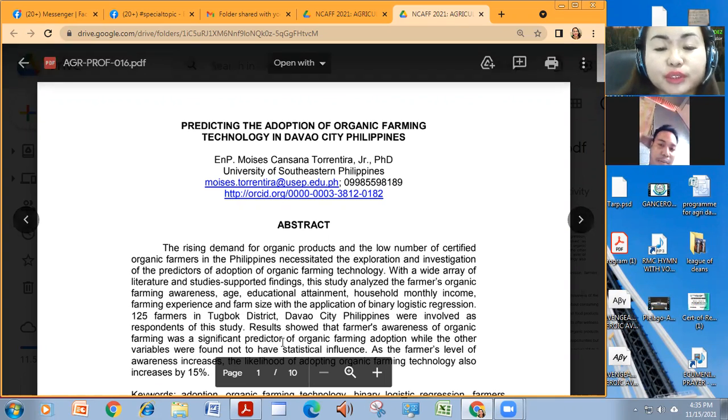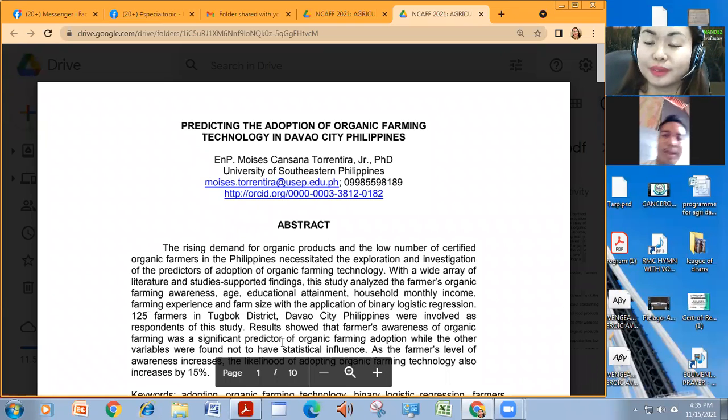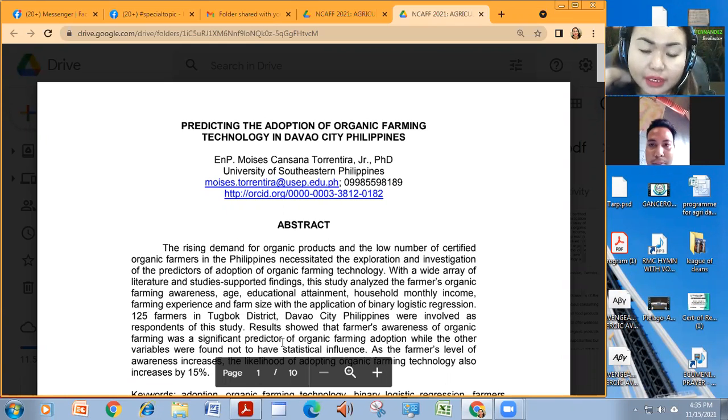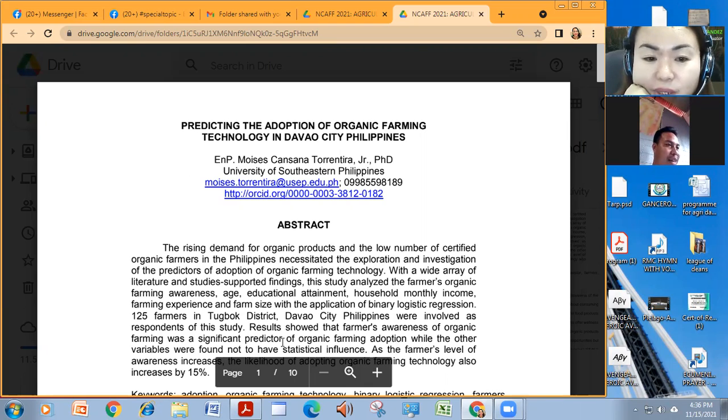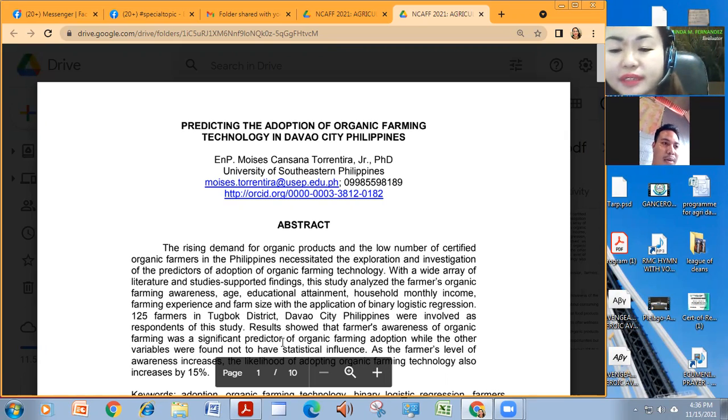This will also serve as your final exam. We will not have an exam anymore, just your output. And then when you do your thesis, you will defend it to your panel of judges. But your proposal will still pass through your advisor, who will check it. You will either be assigned or you can choose your advisor.